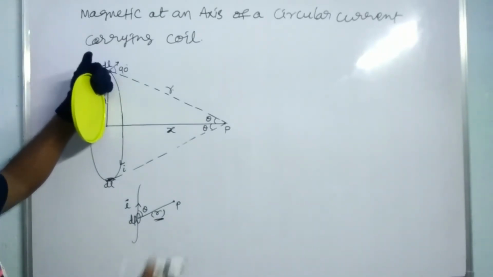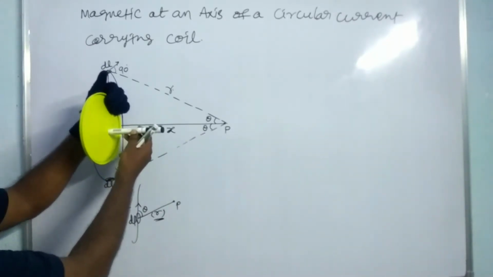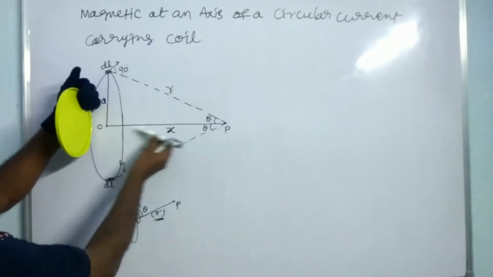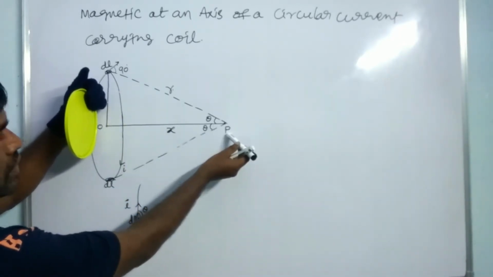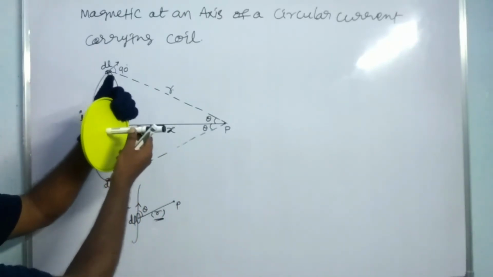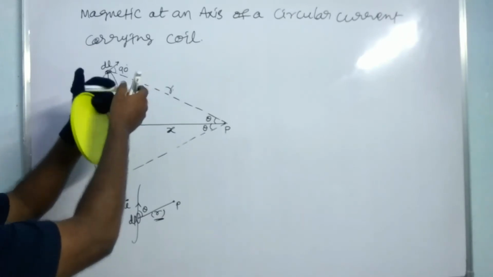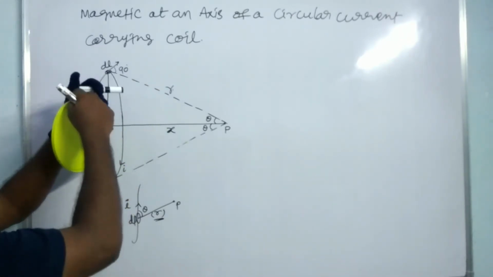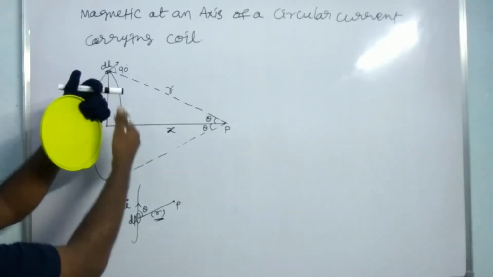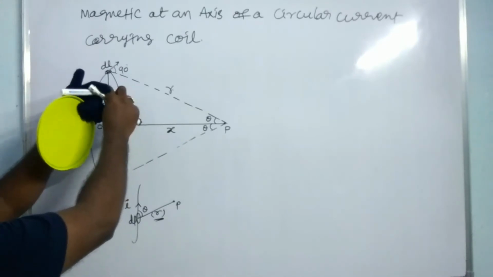This is the axial line on which we take a point P at distance x from the origin. And here there is a dl element, with the current I passing along the circle.